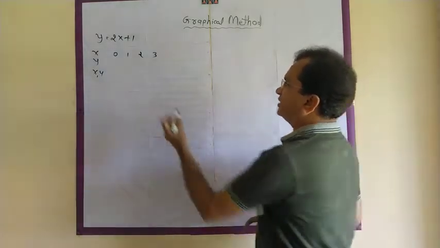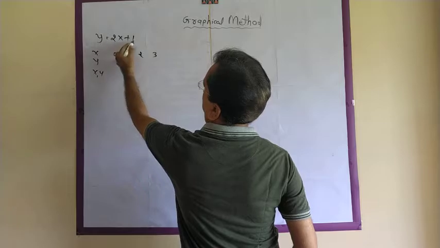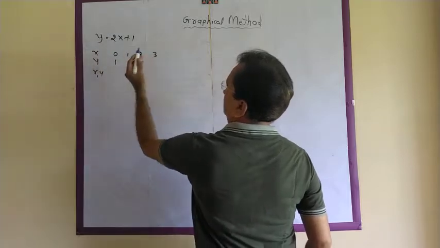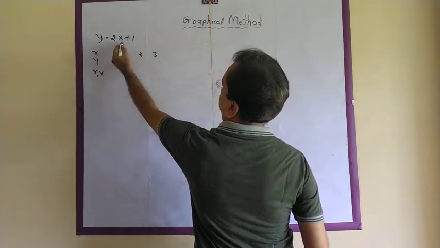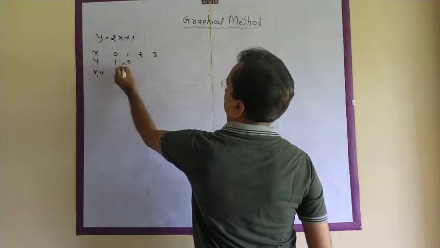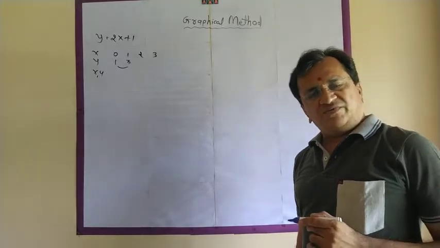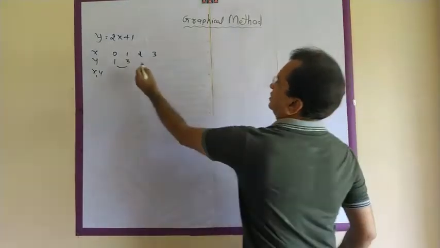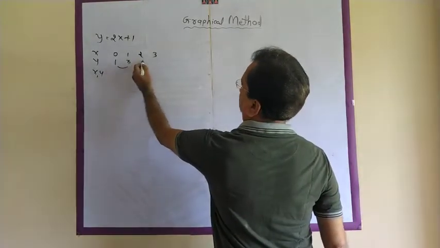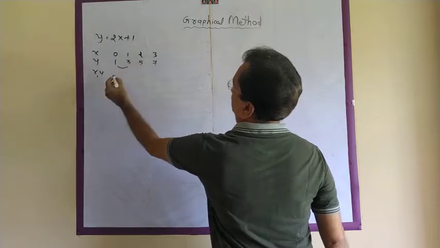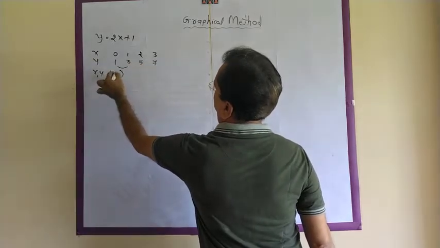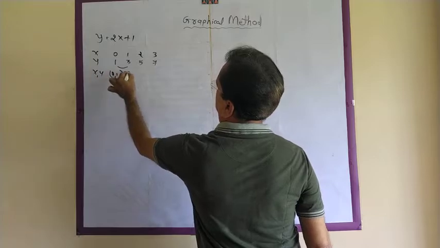Orally you can do it. For example, x is equal to 0, so y is equal to 1. And x is equal to 1, so 2 ones are 2 plus 1, 3. How much is the difference? 2 is the difference. It is increasing. So 1 plus 2, 3, 3 plus 2, 5, 5 plus 2, 7. So you will get the coordinates without rough work.